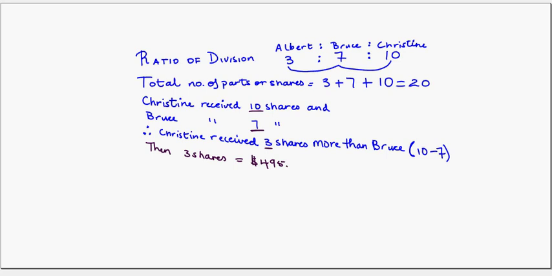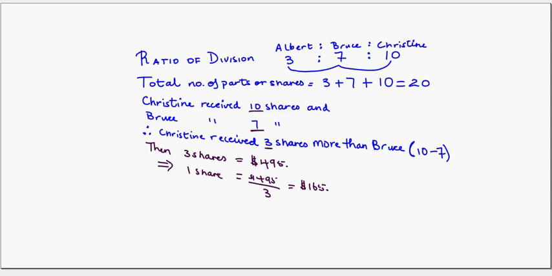That must be what it is equivalent to. So therefore, if 3 shares is $495, then that would imply that 1 share is equal to $495 divided by 3. And $495 divided by 3, if you work it out, is $165.